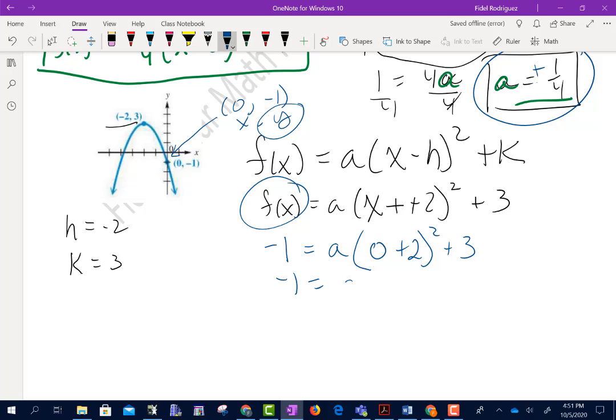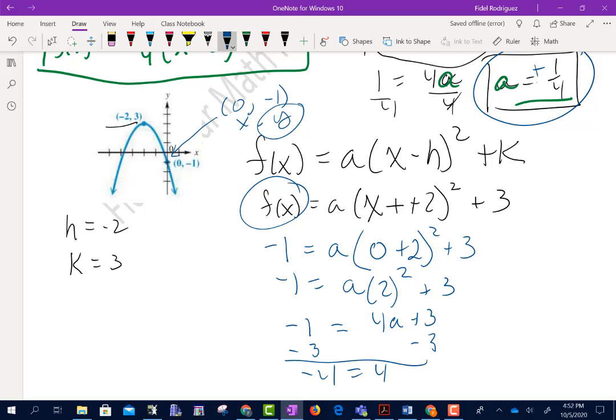So -1 equals A. 0 plus 2 is 2 squared plus 3. So -1 equals 2 squared is 4, so that's 4A plus 3. So -3 minus 3. This gives me -4 equals 4A. So when I divide both sides by 4, I'm coming up with A equals -1.